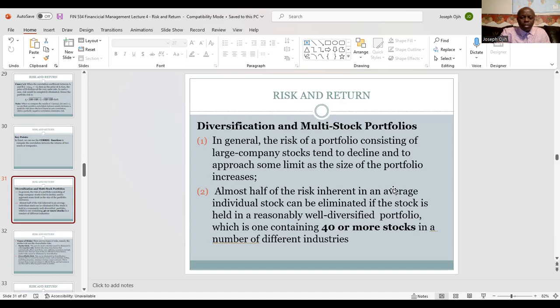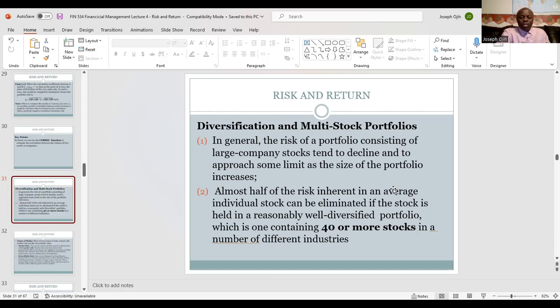Now, I wrote here that almost half of the risk inherent in an average individual stock can be eliminated if the stock is held in a reasonably diversified portfolio. Usually, 40 or more stocks in different industries can eliminate a lot of risk.